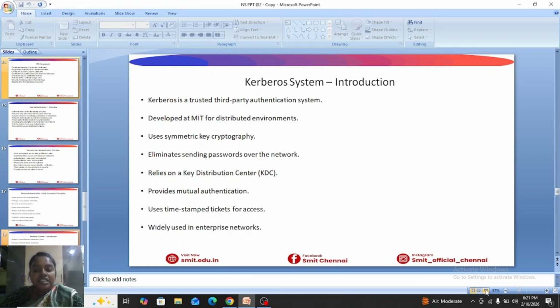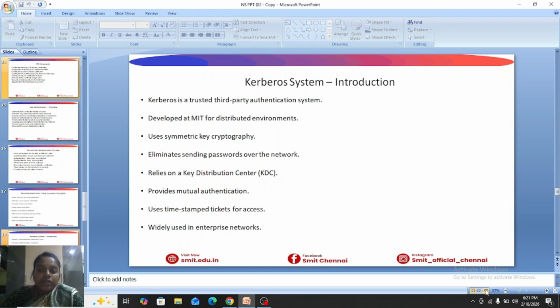It verifies the TGT and issues a service ticket and session key. Step 5, service access. The client presents the service ticket to the server, which verifies the ticket and grants access. Password is never sent over the network. Mutual authentication is achieved. The Kerberos ticket, the TGT or ticket granting ticket, allows the user to request service tickets without re-entering the password. And the service ticket is used to access a specific network service.